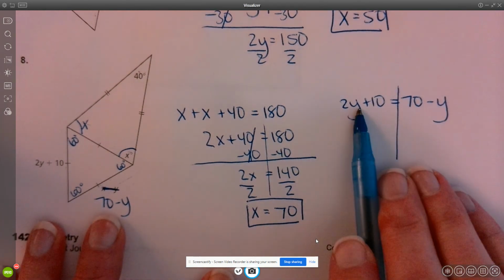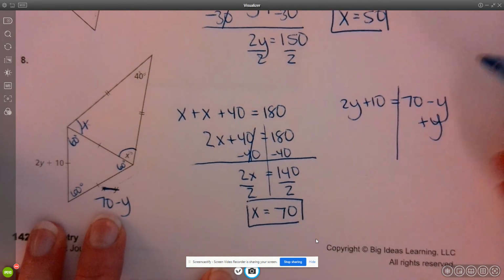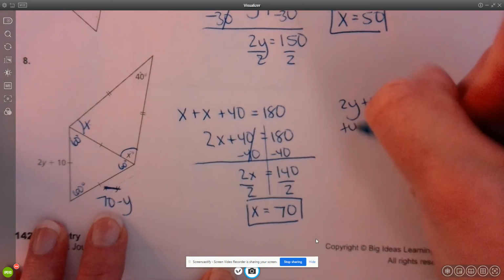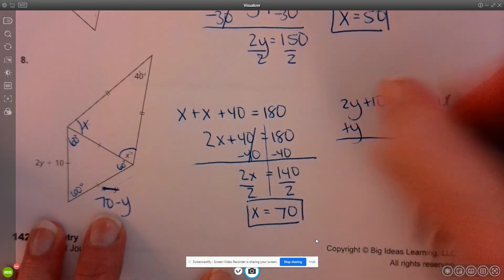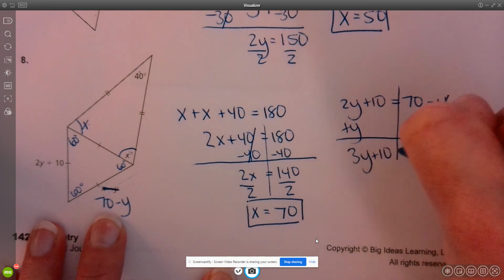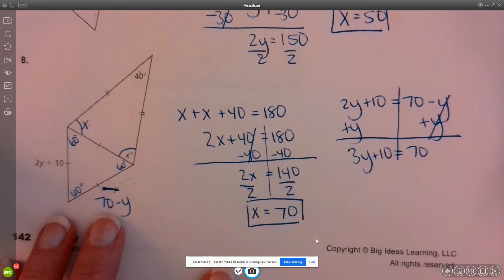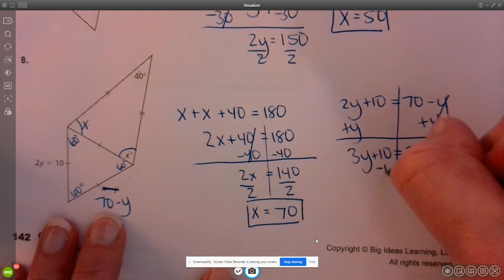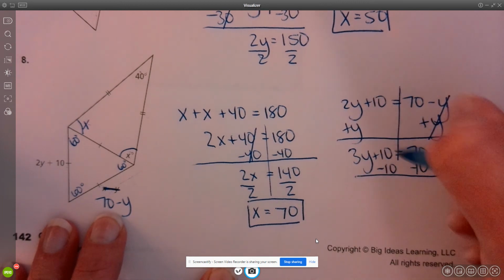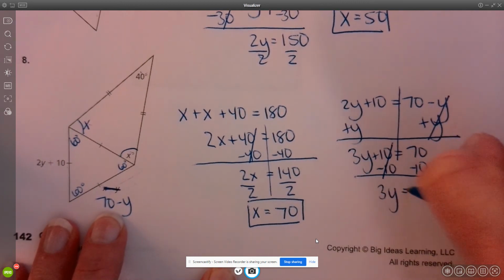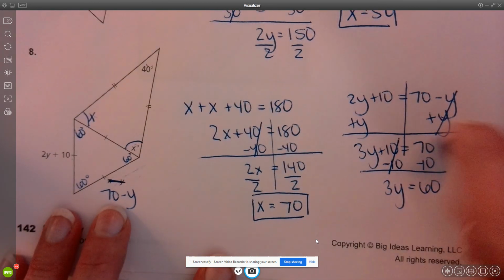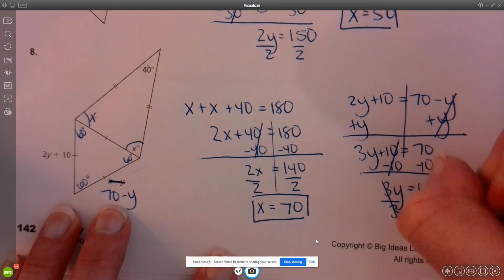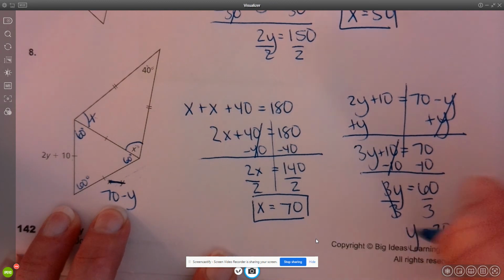I need to get all my y's on one side of the equation. I'm going to add a y to cancel. Then subtract 10 from both sides. And then divide both sides by 3. I get that y is equal to 20.